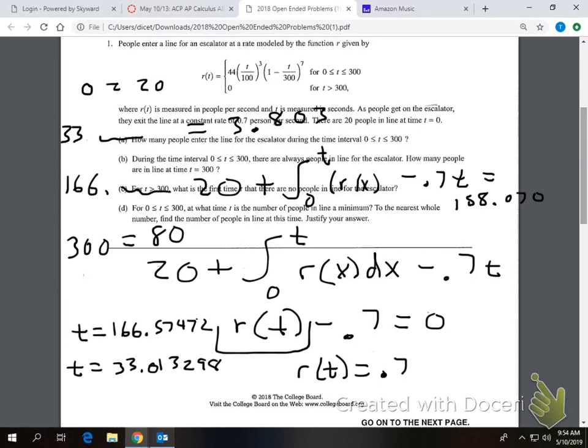So I'm ready to answer my question. At what time t is the number of people in line a minimum? At that 33.013298 seconds. And it says to the nearest whole number, find the number of people in line at that time. I would say 4 people.